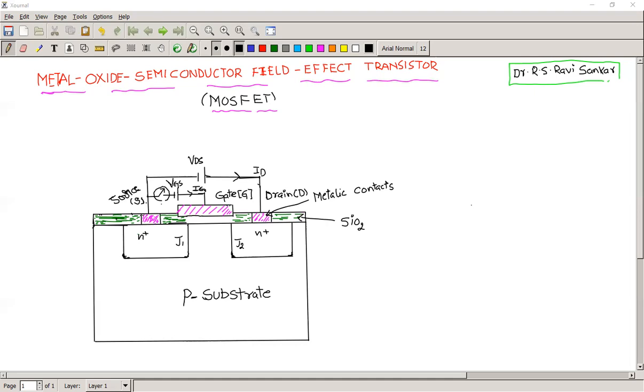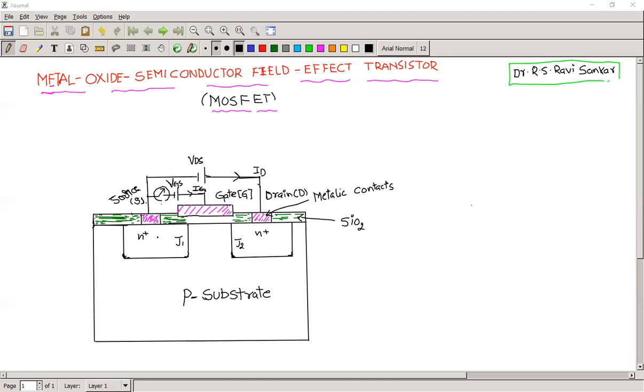On the surface, the silicon dioxide is placed. The metal contacts are provided to the inner n-type material. Here also, one metallic contact is provided to take the gate terminal.